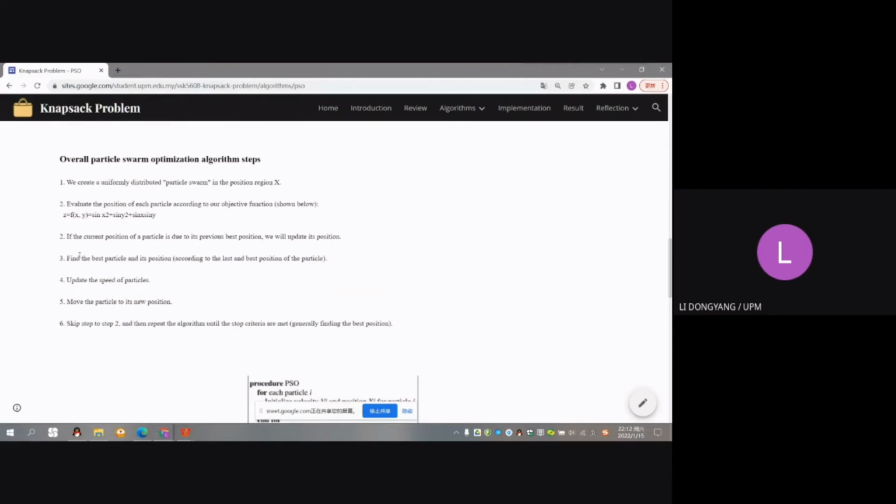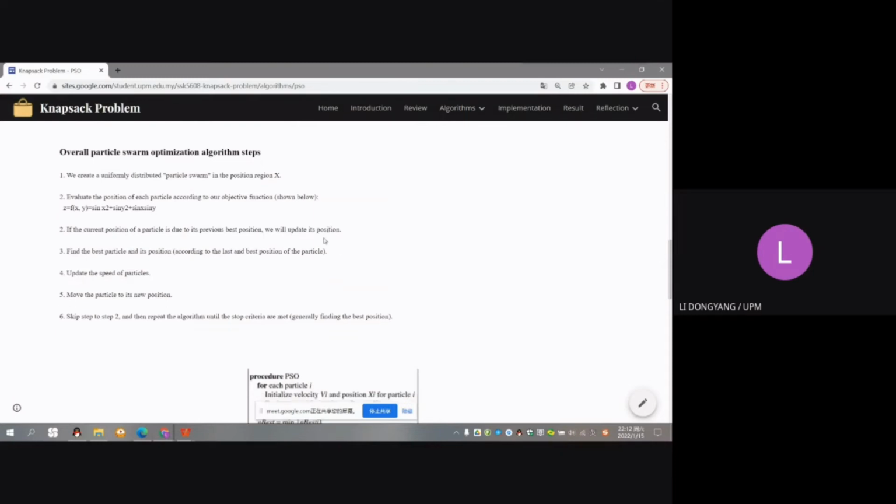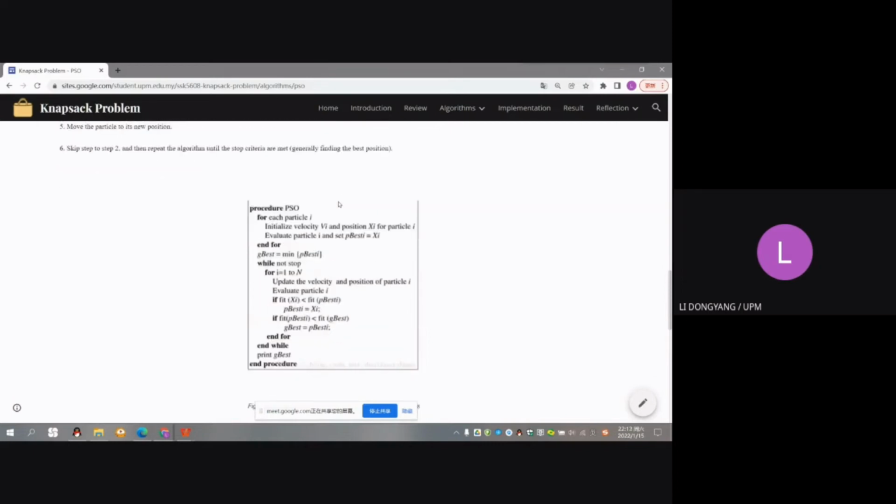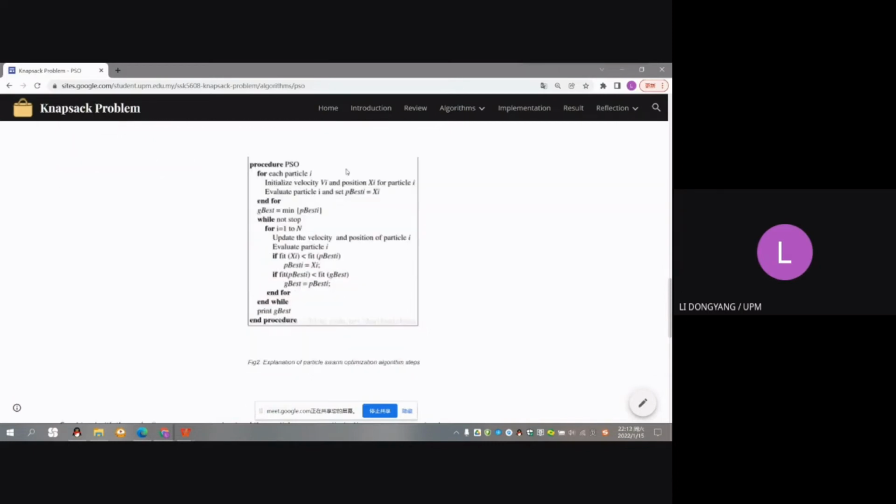If the current position of the particle is better than its previous best position, we update its position. Third, find the best particle and its position. Fourth, update the speed of the particles. Fifth, move the particles to their new positions. And sixth, skip to step two and repeat the algorithm until the stop criteria are met, generally finding the best position. You can see the pseudocode of the PSO.